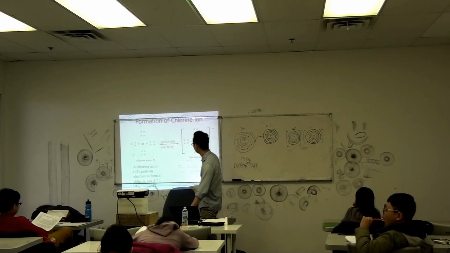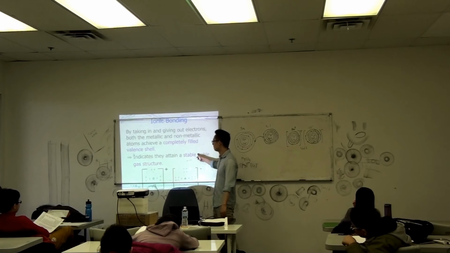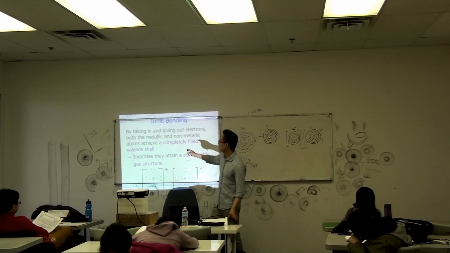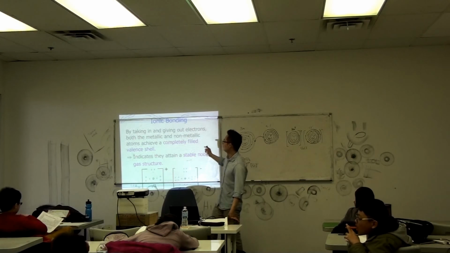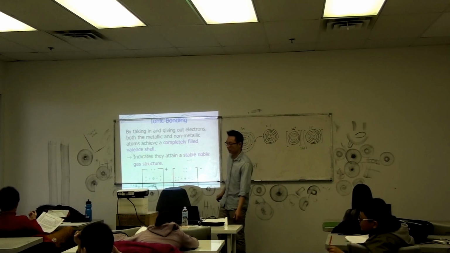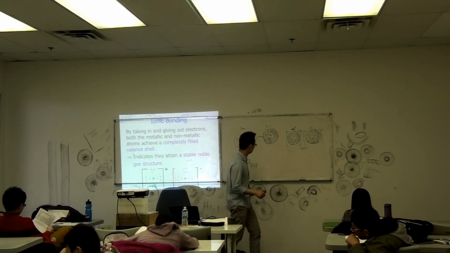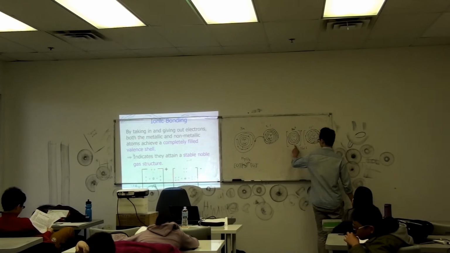Let's go down here. By taking in and giving out electrons, both the metallic and non-metallic atoms achieve a completely filled valence shell. Both parties are okay. Here, full valence.